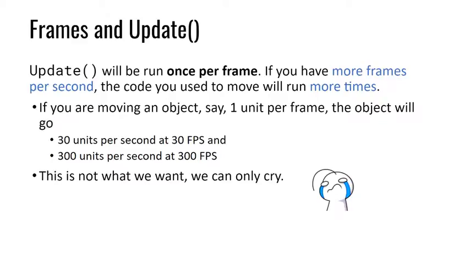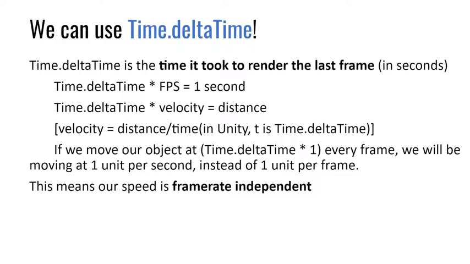So instead, there's something called Time.deltaTime. It returns a float, and it gives you the time that it took to render the last frame in seconds. Which means if you multiply Time.deltaTime with whatever FPS you have, you'll get 1 second. And if you multiply it with velocity, you'll get distance, because distance equals velocity times time.